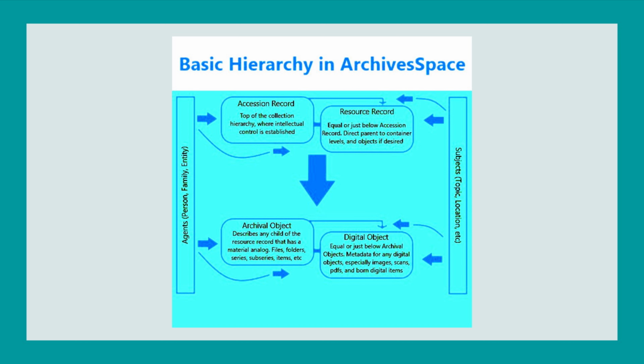ArchivesSpace also supports the establishment of authority records categorized as subject, agent, and classification records to provide another layer of description. You can link authority records to accession records, resource records, or digital objects. There are some additional modules within the application that can be utilized in collection management.